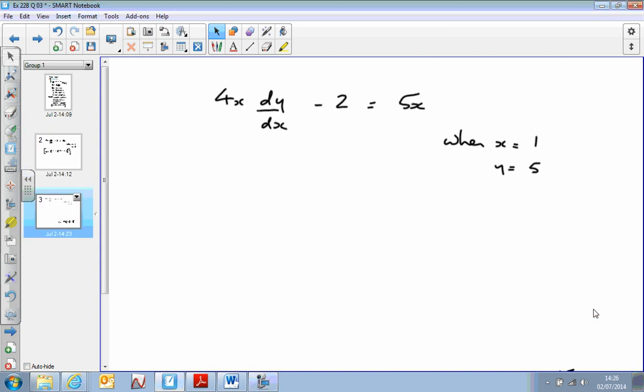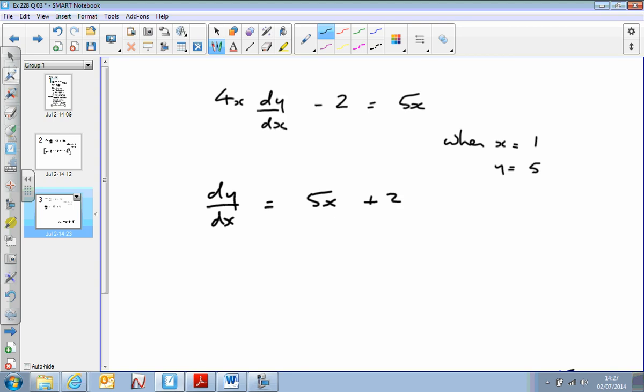Okay, so here is the question. The first thing I would do would be to take the 2 over to the right hand side by adding 2 to both sides and then divide both sides by 4x. So I'd get dy by dx equals 5x plus 2 over 4x.